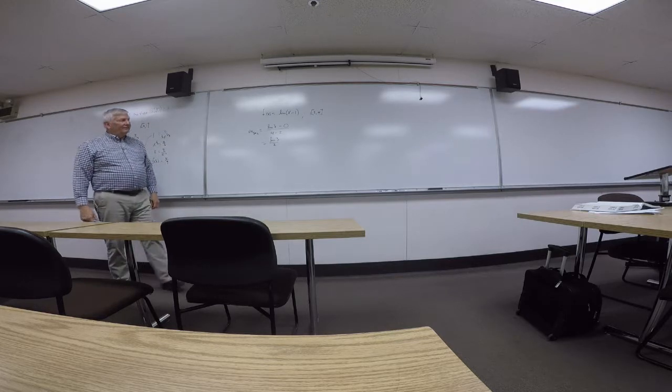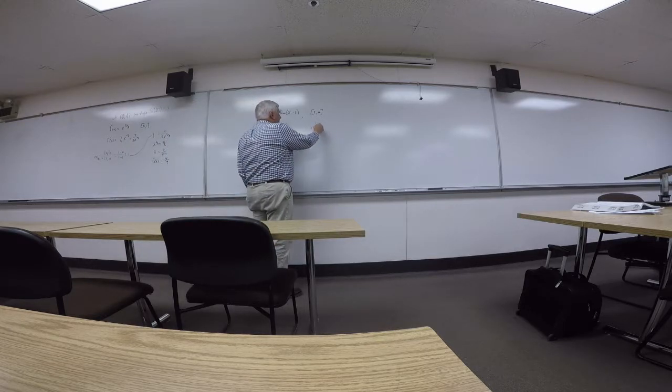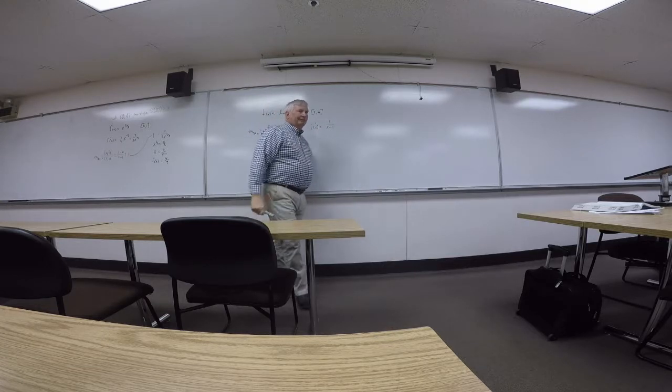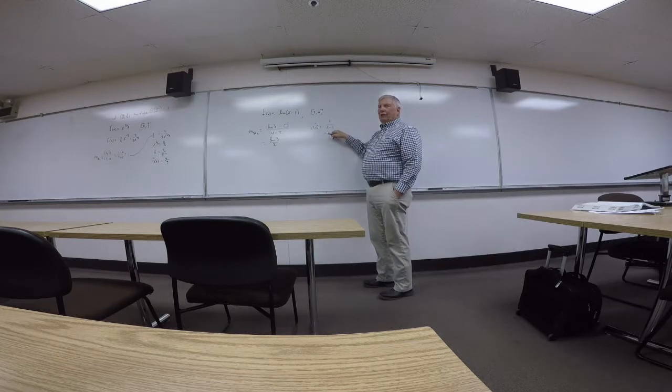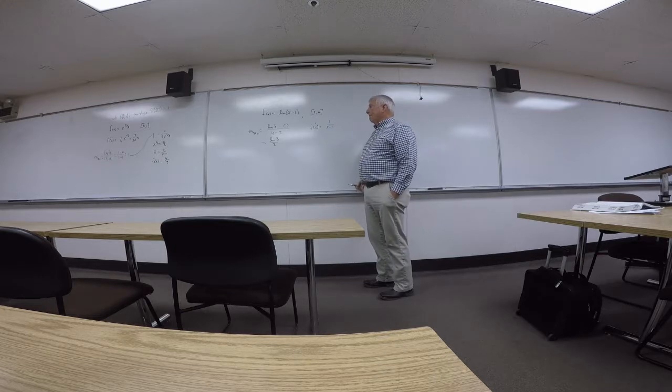Now let's find the derivative. F prime of x is equal to 1 over x minus 1. Chain rule times derivative of x minus 1, but that's just 1, so it doesn't change it. We have 1 over x minus 1.